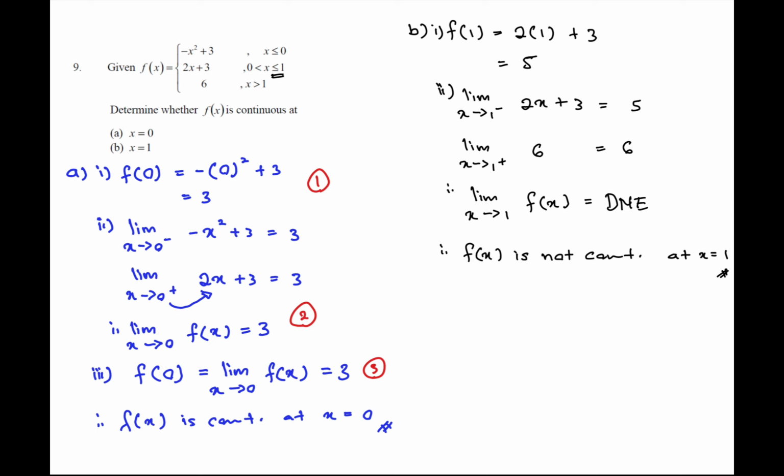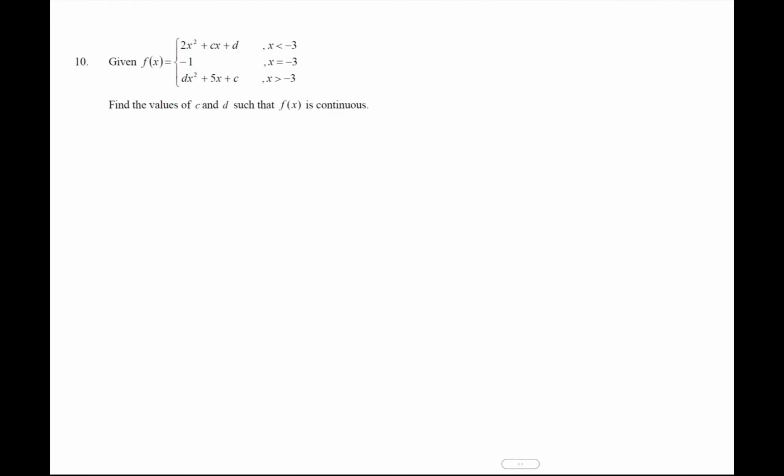Okay, now let's look at question 10. Find the value of c and d such that f(x) is continuous. So we know that when f(x) is continuous, it must satisfy the three conditions.